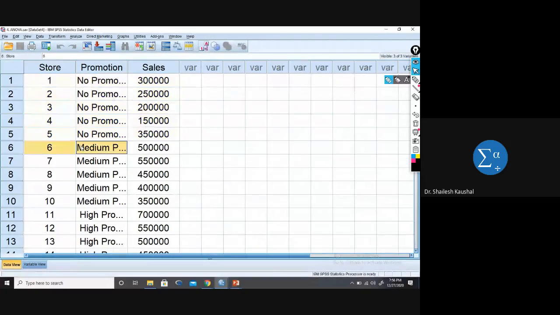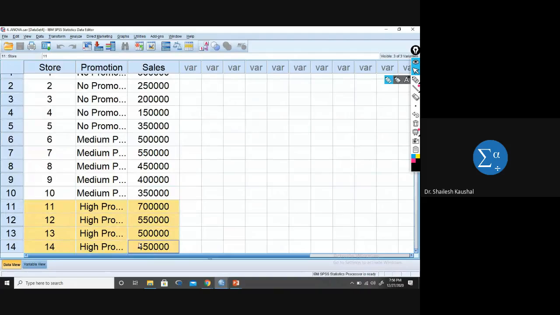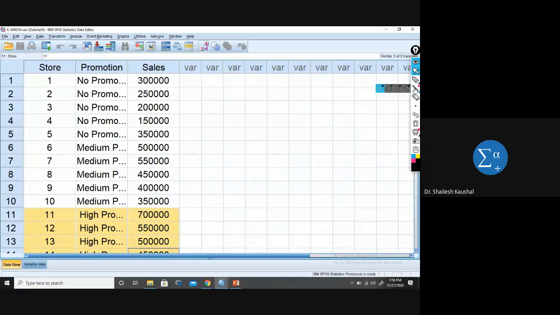In another 5 departmental stores, we are using medium promotion, and in another 5 departmental stores, we are using high promotion. So in this case study, there are 5 departmental stores, 1, 2, 3, 4, 5, with no promotion.